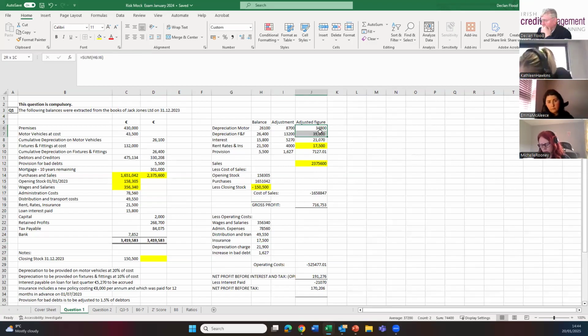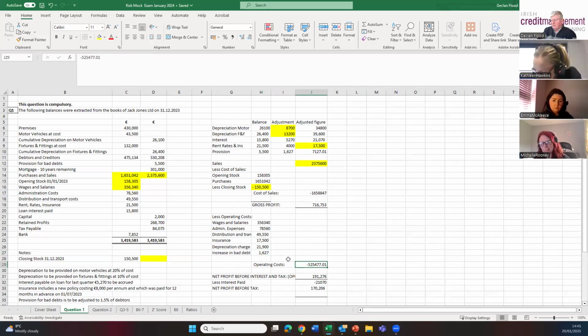The depreciation is 21,900, my adjusted figure there, and my increase in bad debts is the figure here from the provisions as well.